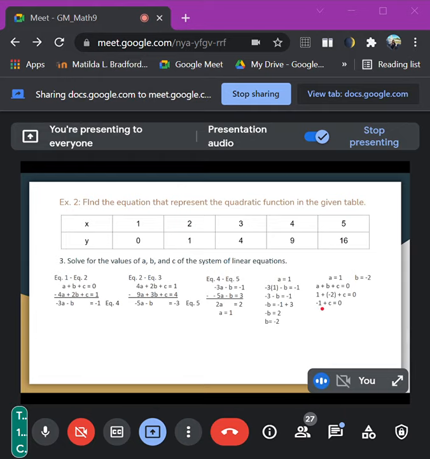Combine like terms, negative 1 plus C is equal to 0, and then transpose negative 1 to the right, that is C is equal to 1. So complete na. You have there A, B, and C. Now, we go to step number 4. But so far, any questions for this?